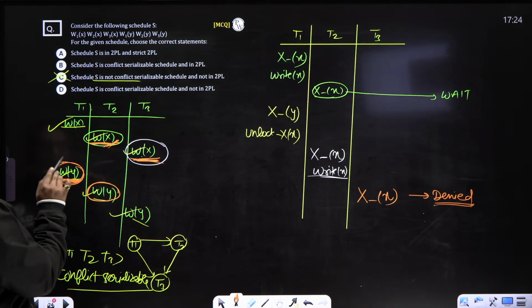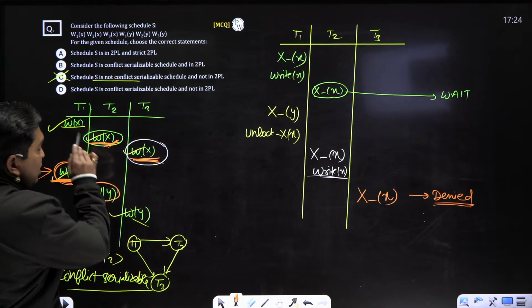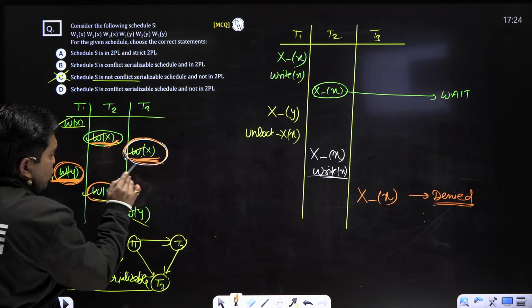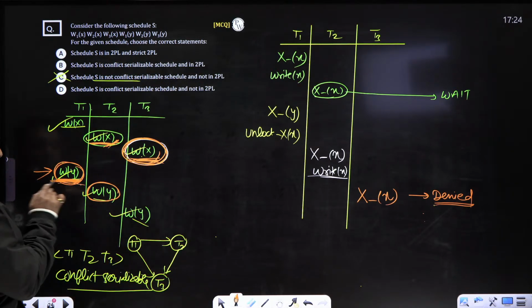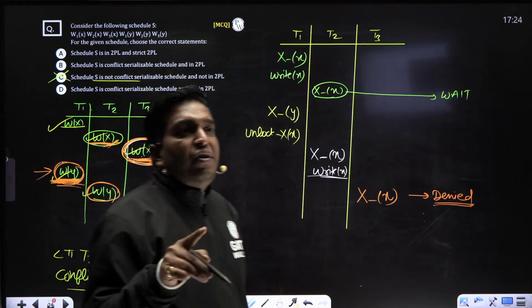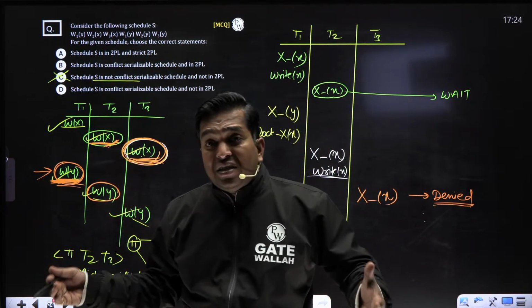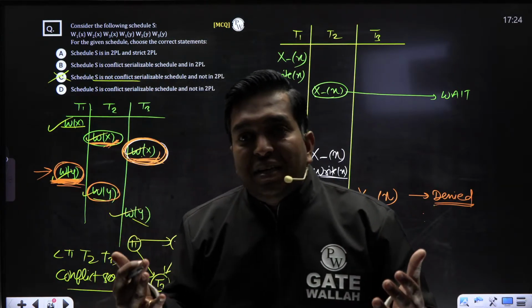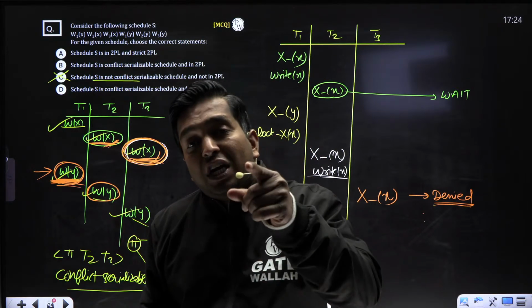So when T1 wants to release, T1 wants to perform write Y on this data item. If we perform it, then this order is not maintained, because what does the schedule say? First T3 performs write X, then T1 performs write Y. But if you want to perform write Y first, then the snapshot of the transaction is not maintained.